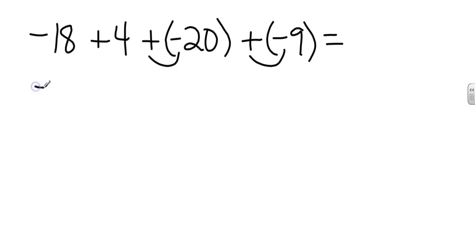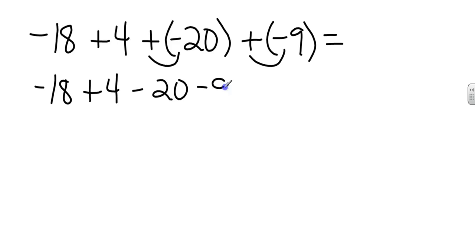So that's going to be rewritten as -18 plus 4 minus 20 minus 9. Now, I'm going to go from left to right. If I've lost 18 and I get 4 of them back, I'm still in the hole 14. So -18 plus 4 is -14. Bring down my minus 20. Bring down my minus 9.